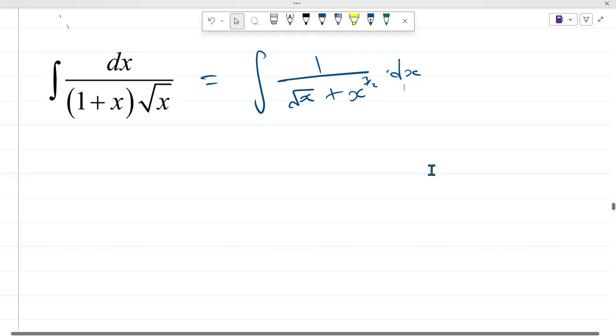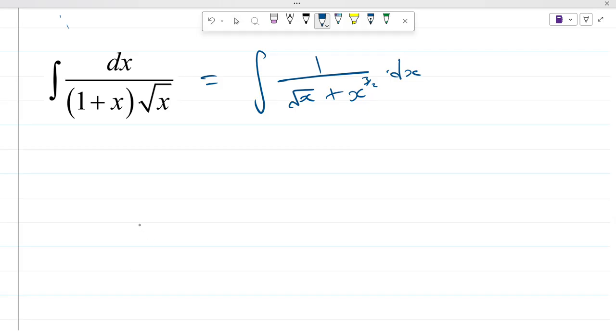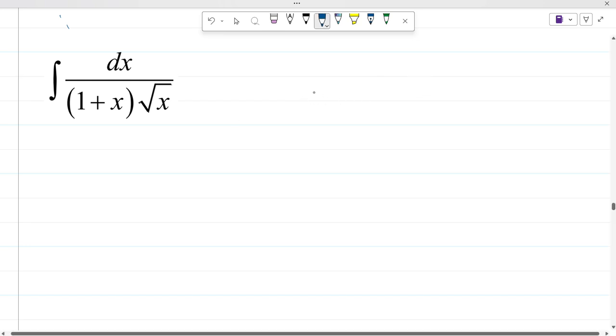So what if you just rewrite it in this format? This thing is tricky because you have to rewrite this in a nice format first.